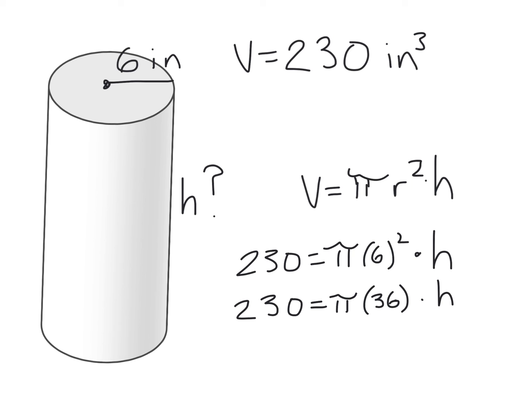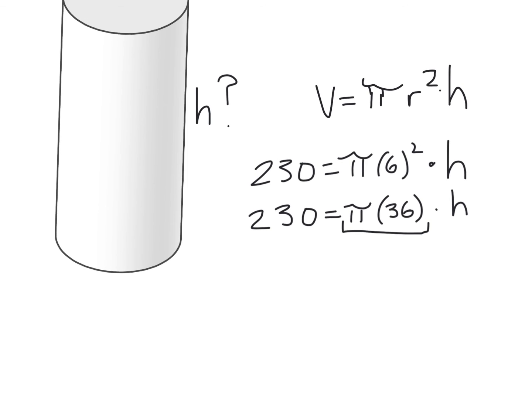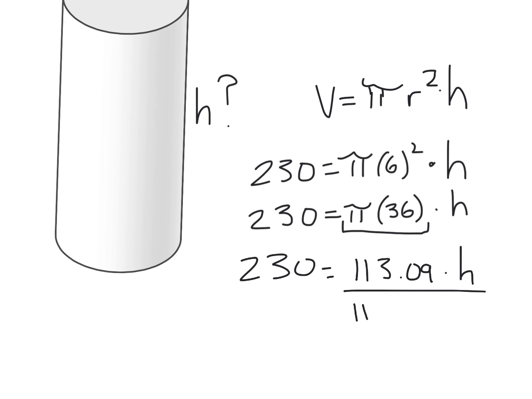Well, now I can multiply these two numbers, pi times 36, so 230 is equal to pi times 36, which is 113.09. That's slightly rounded, but 113.09 times h. Well, to get h by itself, we need to divide by 113.09.